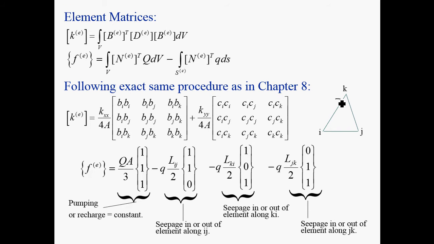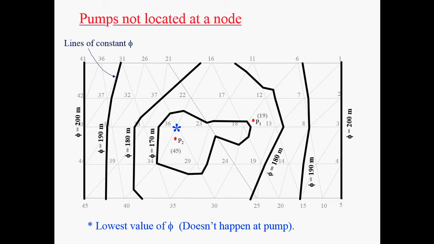So you could have a seepage on this side and not on this one, but you could have it on this side. So this will consider all of them. This is what will happen if you do a computer simulation. If you do a computer simulation using Patran or other software, these are the contour lines that you will see.